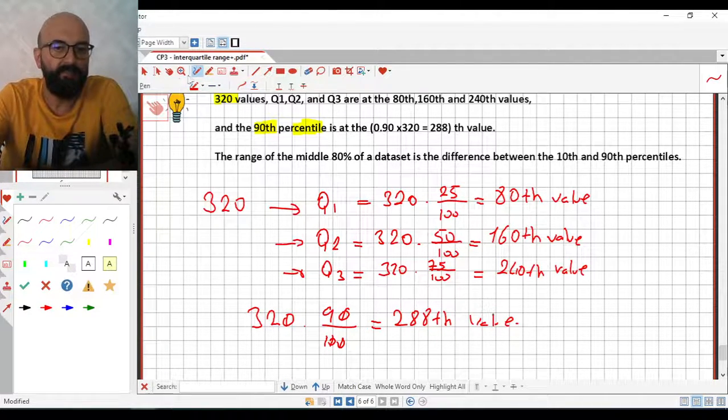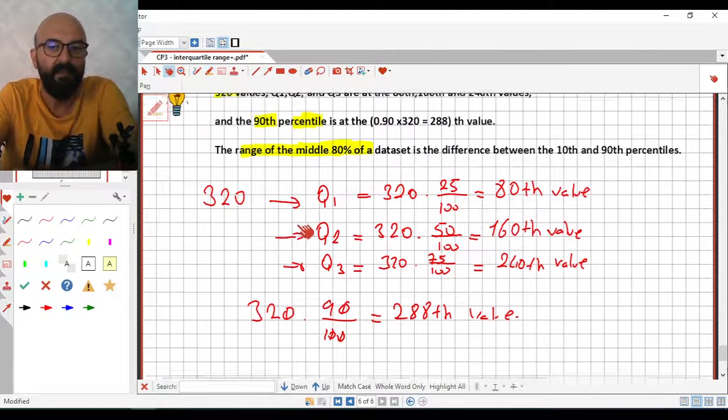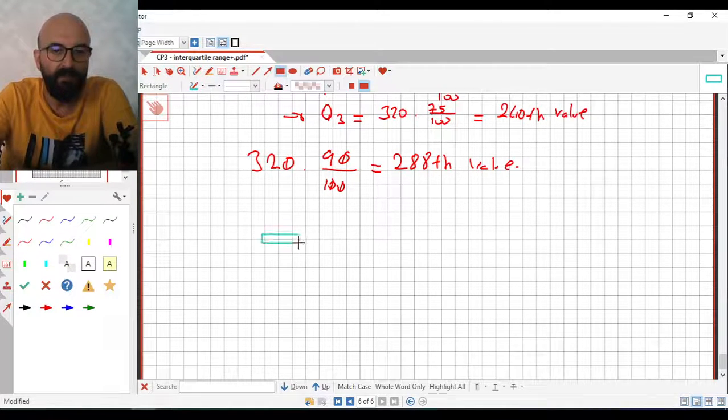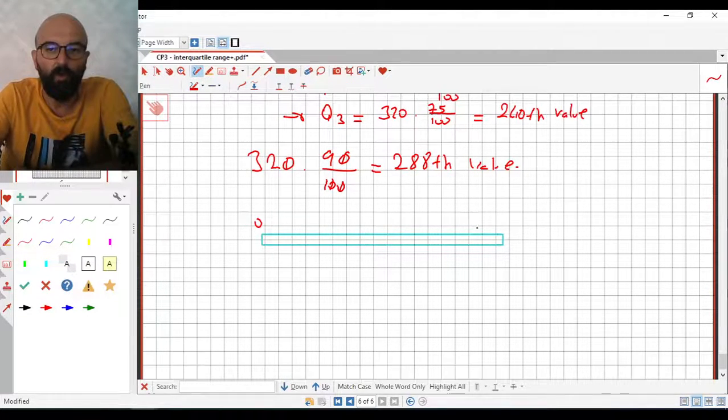If they want the range of the middle 80% of a data set, for example we have a data set from 0 to 100, and the middle value is 50.